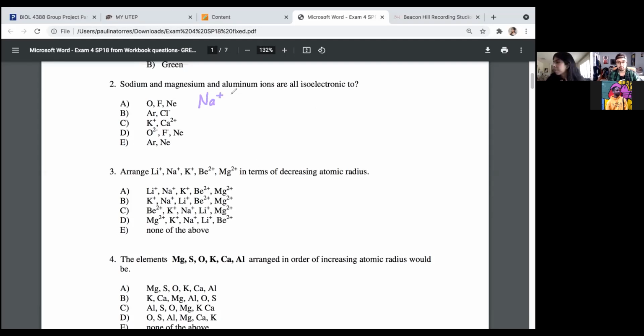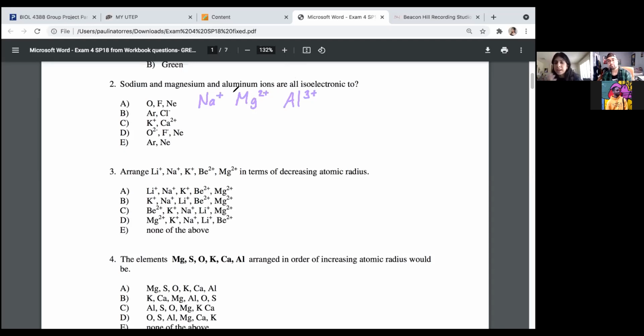And we're looking at the magnesium ion. So what charge does magnesium get? 2+. Perfect. And finally, aluminum. 3+. Yes, perfect. So when all of these ions gain those positive charges, we change their amount of electrons, right?